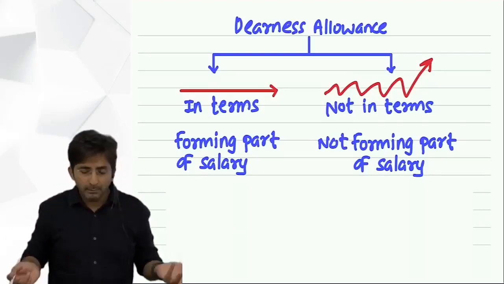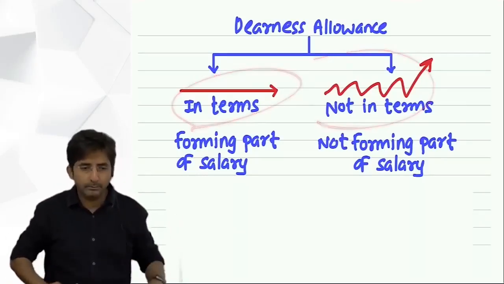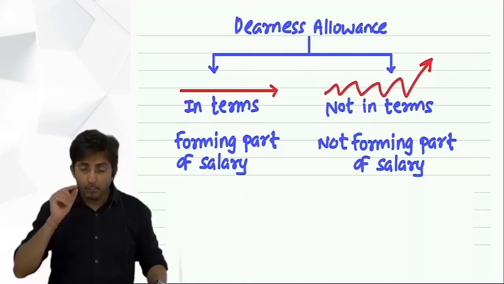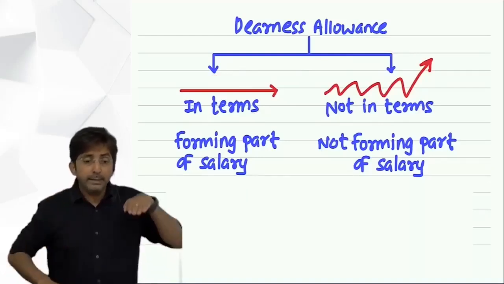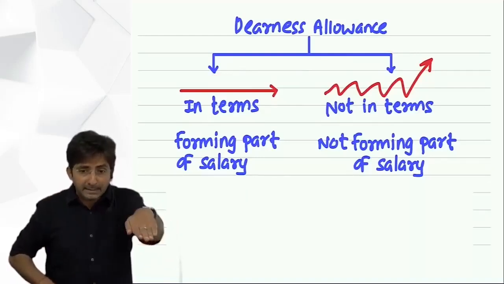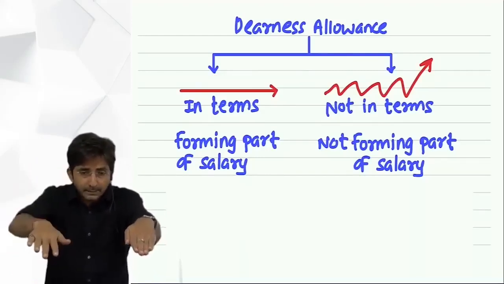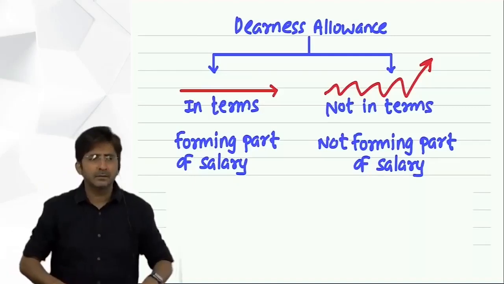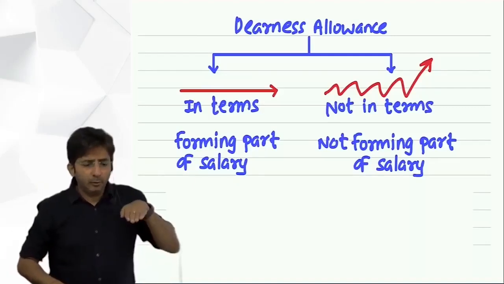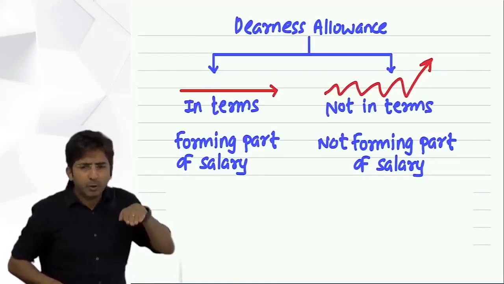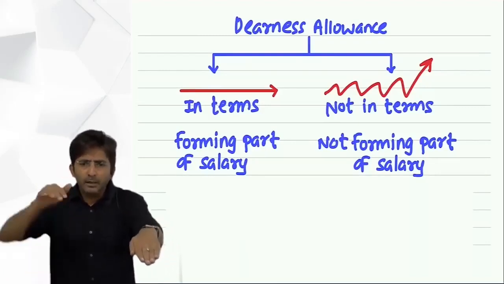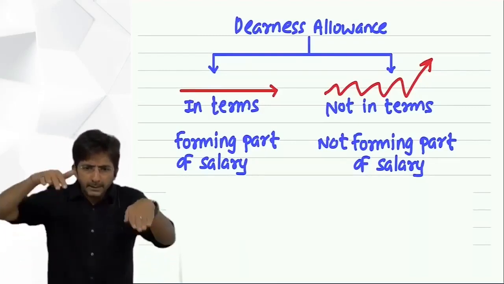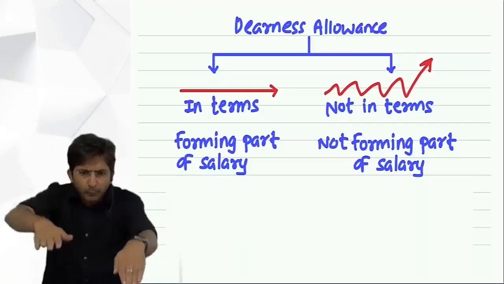Okay. Yes, there are two types of DA. Now see, the most important point. Whether DA is given like this or like this, in both cases you are receiving it, so it is taxable. Whether DA is given on a constant basis or depending upon inflation, in both cases it is coming to you, right?